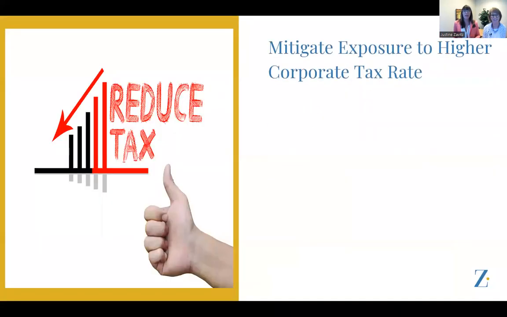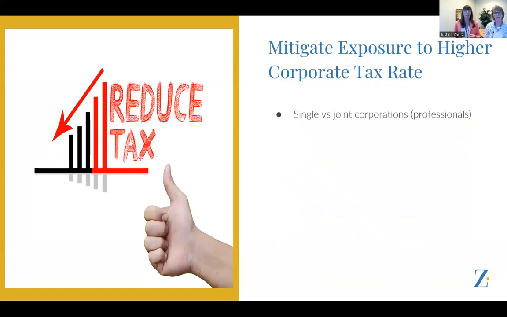So what are some ways that we can look at keeping our corporate tax rate lower, especially in the early years? Well, one thing that we see often when we're working with professionals is if you have a married couple who are both in the same field, they might incorporate together to save themselves a corporation fee.